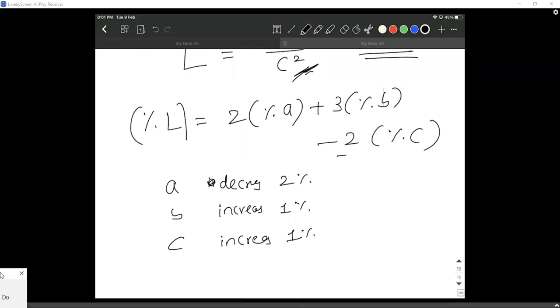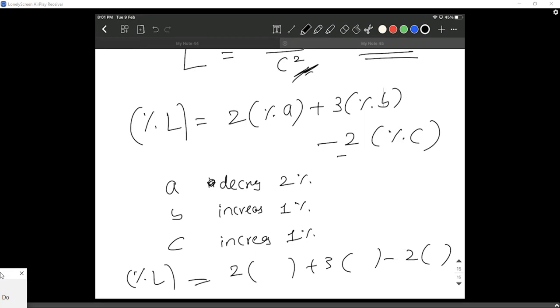All I have to do is put in the values. Percentage change in L equals 2 into this plus 3 into this plus minus 2 into this. Let me put these values. Increased, so I put plus 1 here. This one is decreased, so minus 2.